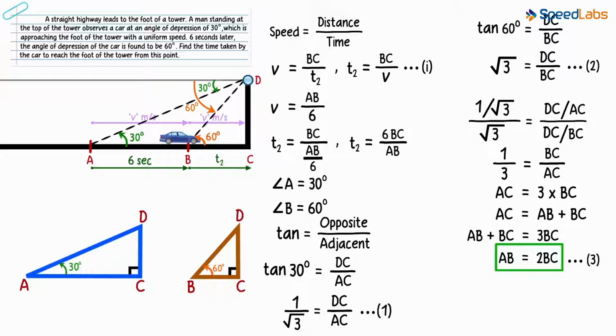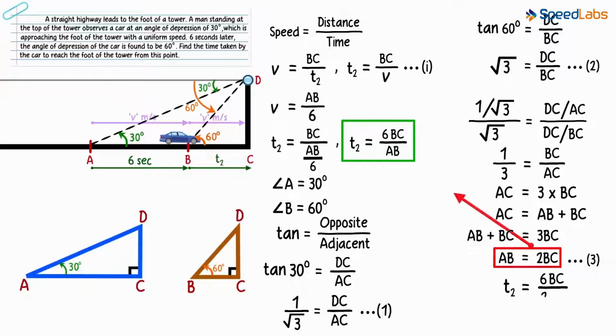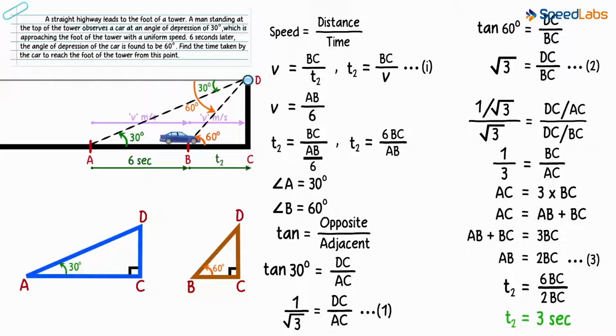But the problem isn't over yet. Ultimately, we want to find the time T2, which is the time taken by the car to travel from B to C. If you remember, this is the equation which we derived earlier. If we substitute 2 times BC in place of AB, we will get T2 as 3 seconds. So the time required for the car to travel from B to C is 3 seconds.